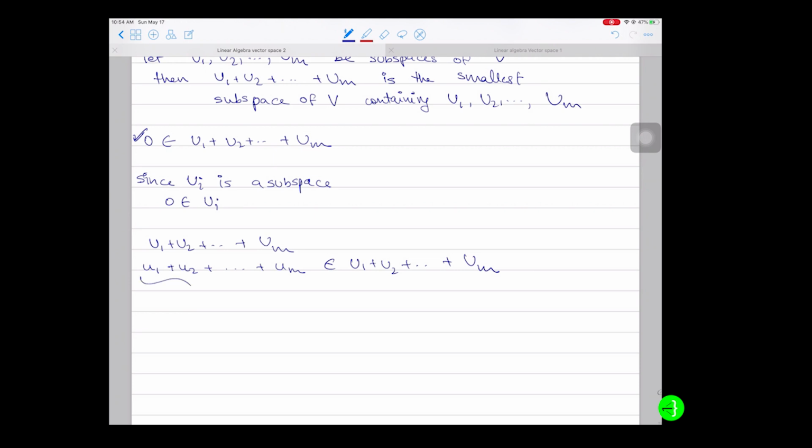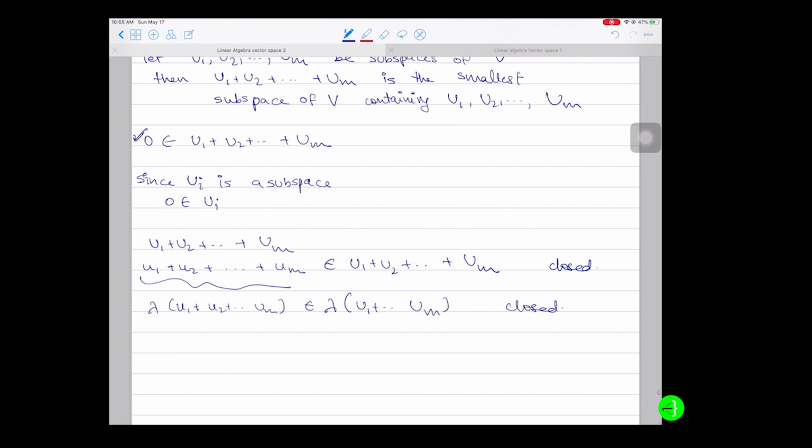It means that if we take any element from any set and add that, it is a part of the set of the sum. So the definition itself tells us that it is closed under finite addition. And again, from the definition we also know it is closed under scalar multiplication. So if we have this thing, this is also a part of lambda times u1 till um, which means it is again closed under scalar multiplication.